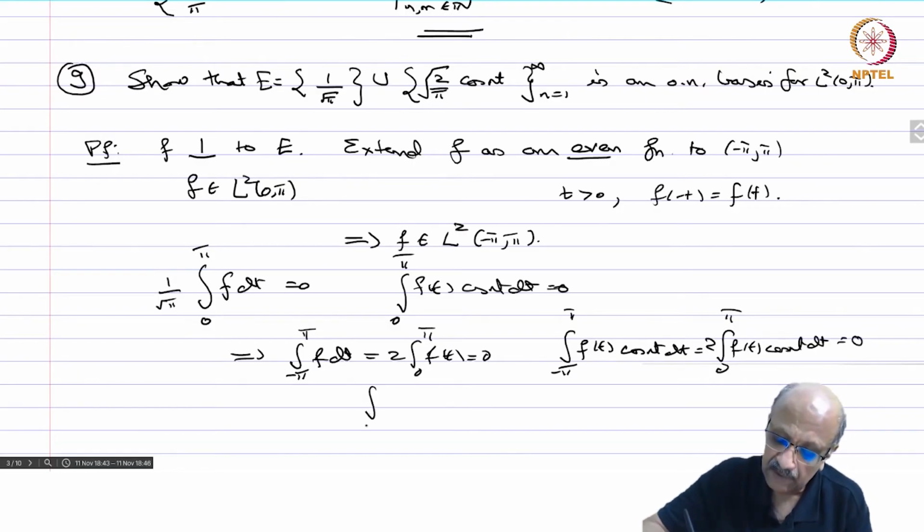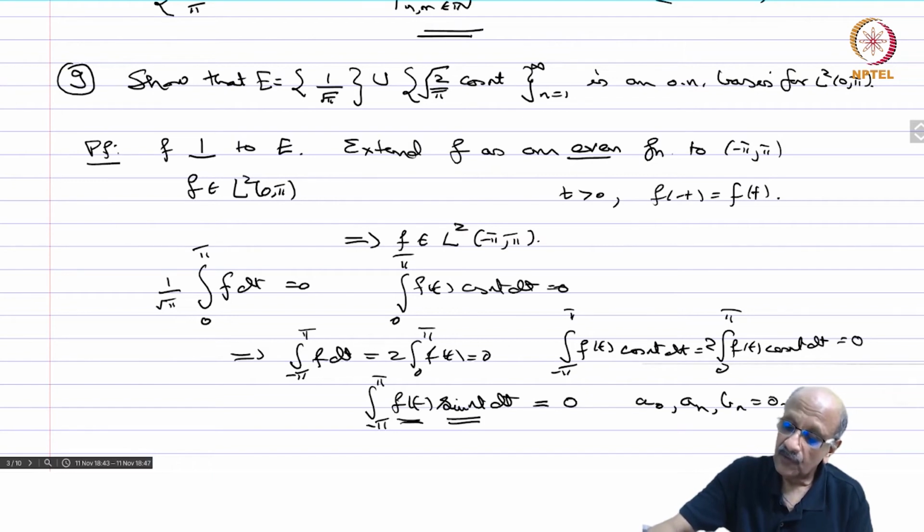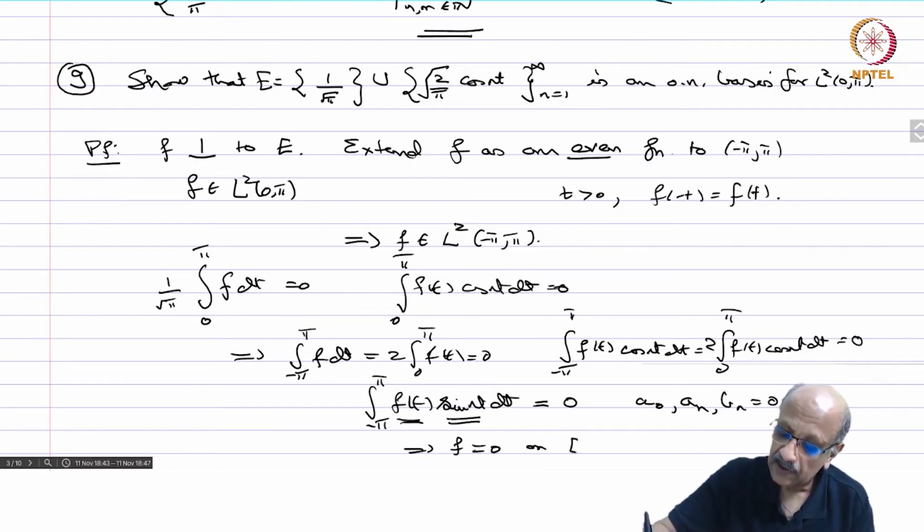And then you have integral minus pi to pi f t sin nt dt. This is even and this is odd, so the product is odd and therefore the integral is 0. So a naught, an, bn are all 0 for all n, and therefore f is 0 on minus pi pi almost everywhere.